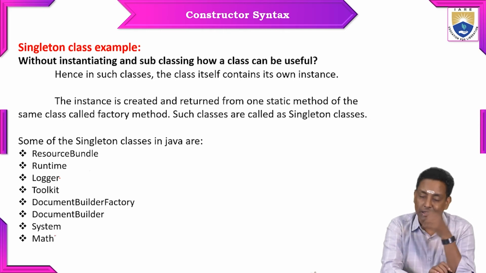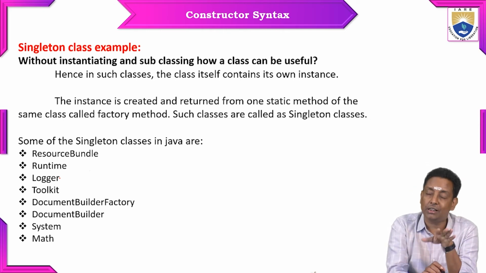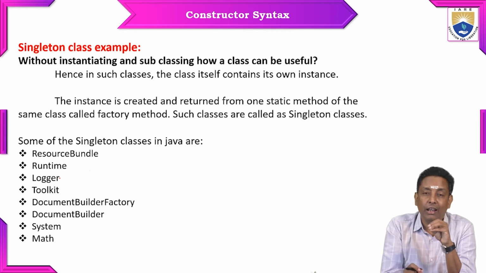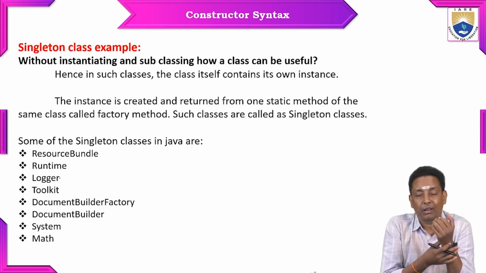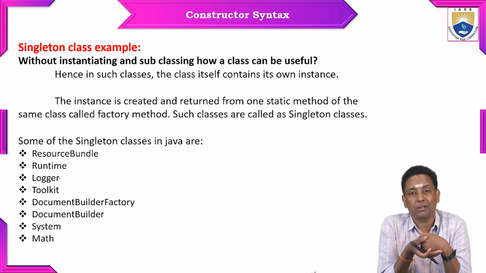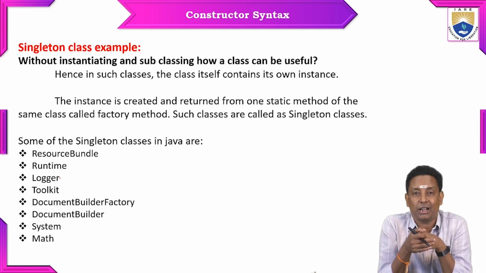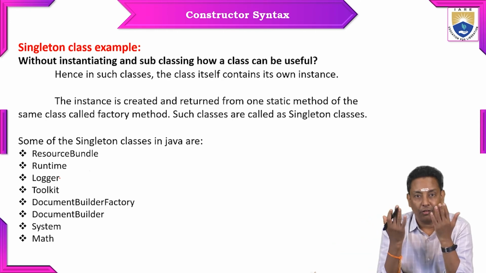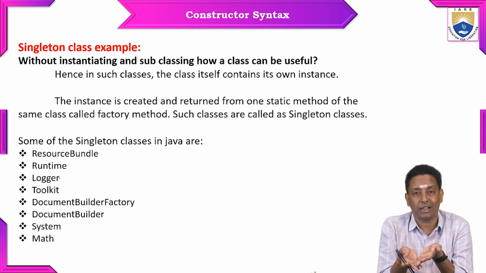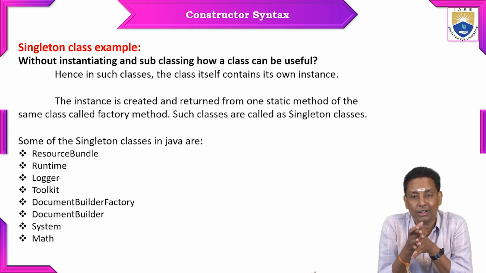Similarly to the Math class, a class which contains only static methods and static variables. If a class contains all static variables and static methods, then we don't need to create an object of the class. Why do we need to create an object of the class? We need it to invoke the variables and methods of the class. If all the variables and methods of a class are declared static, then no need to create an object of the class.